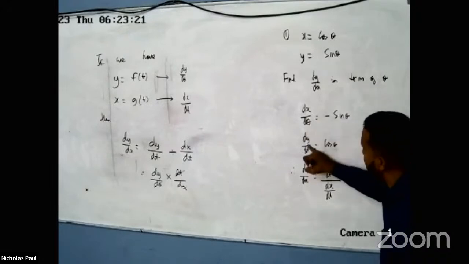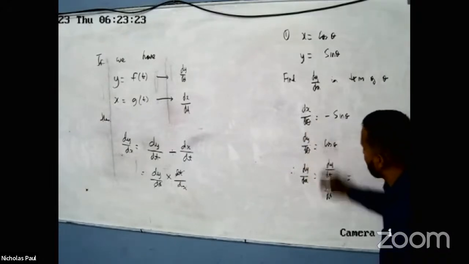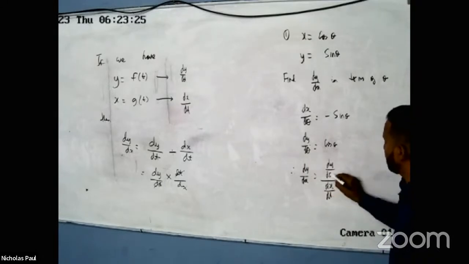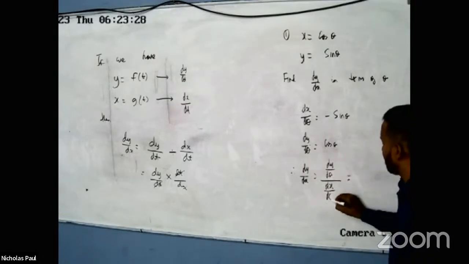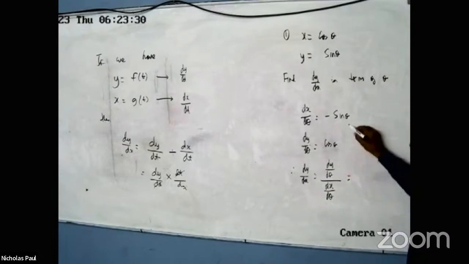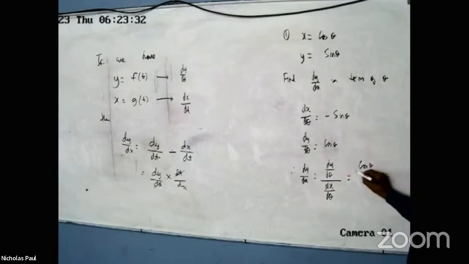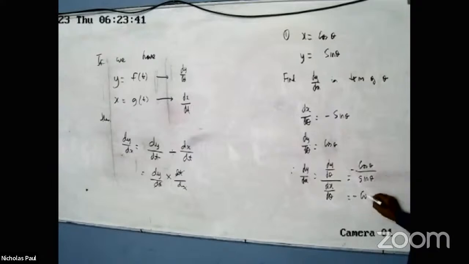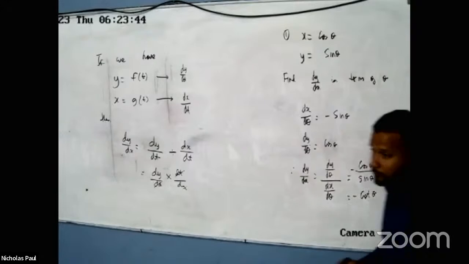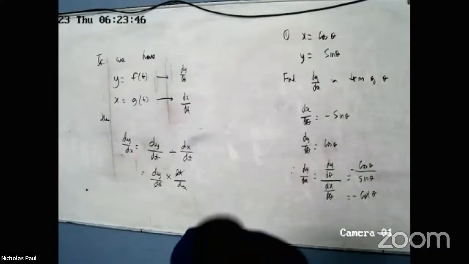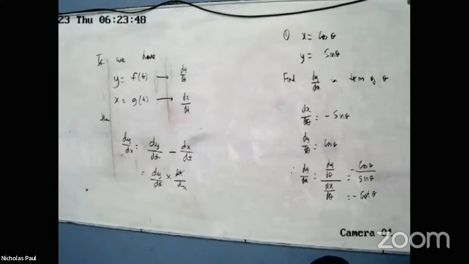Supposed to repeat: dy/d theta is cos theta, dx/d theta is minus sin theta. So it's cos over minus sin, which is minus cot theta. That's okay? That was our 4 marks, our easy 4 marks.